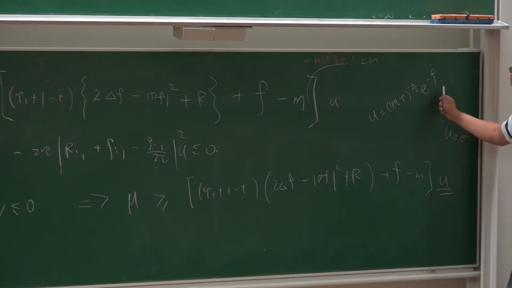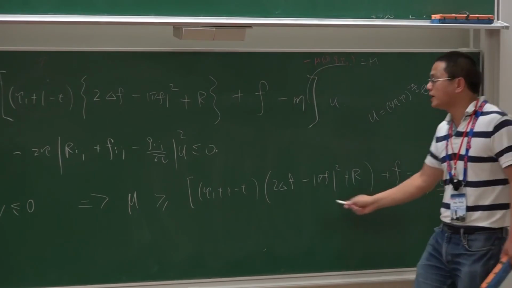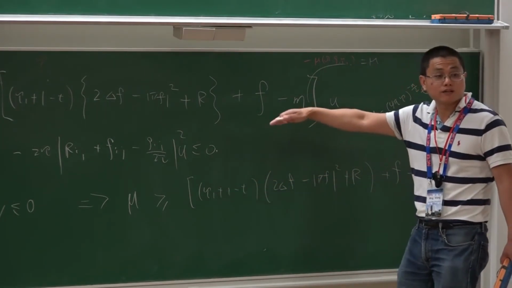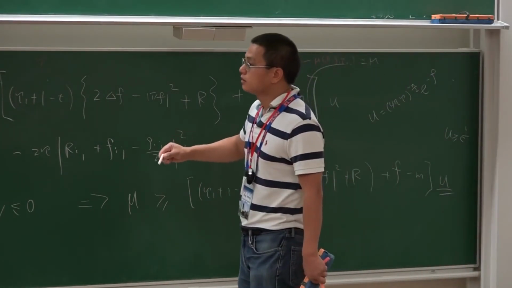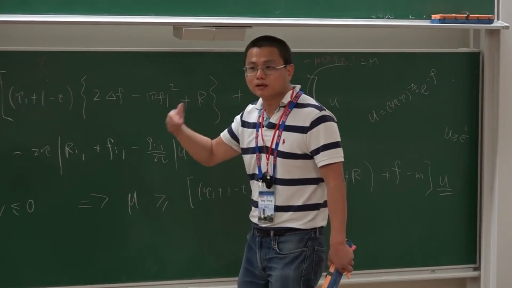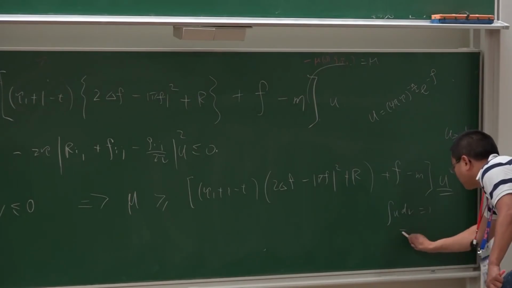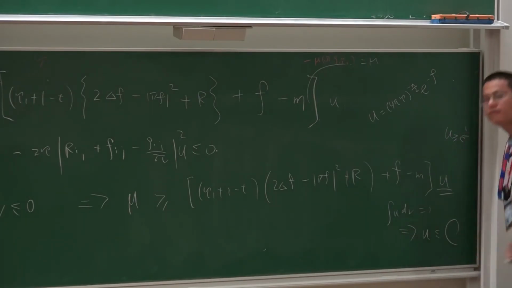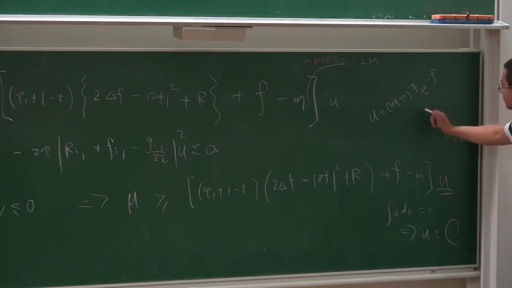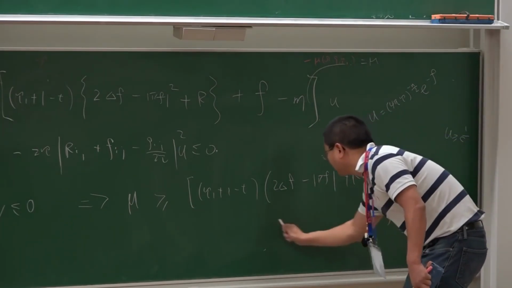So f is also bounded. Okay, so u is bounded from below here, and you can also see that u is bounded from above, because the local geometry is bounded. The integral of u is 1, so that means u is bounded from above around the x0. Okay, u is bounded, so that means f is bounded.